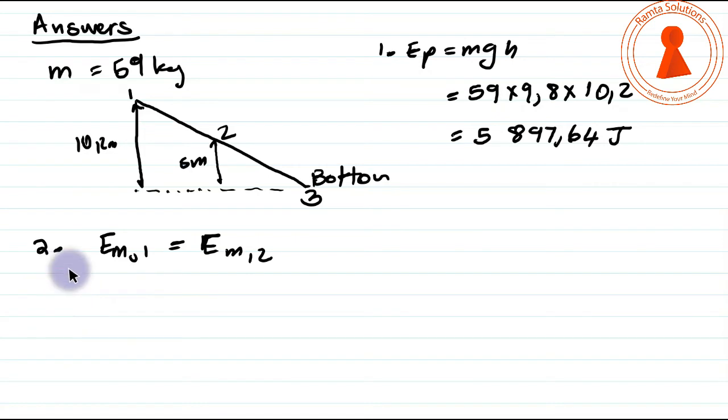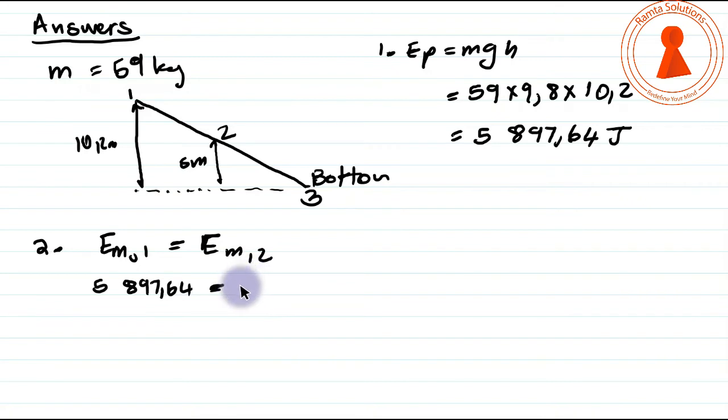Mechanical energy is kinetic plus potential. At point 1, we assume we don't have kinetic because she just started, so kinetic is 0. We only had potential, which is 5,897.64.